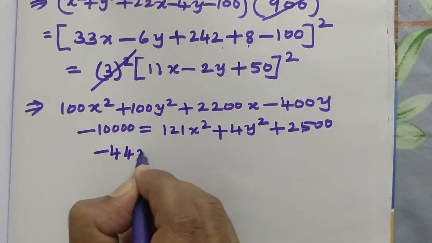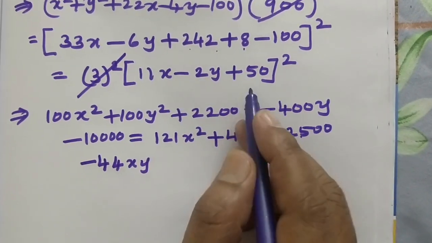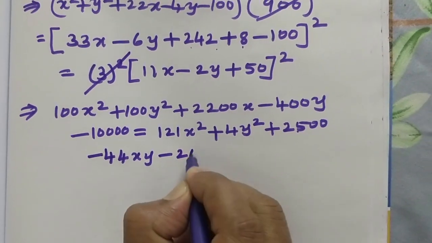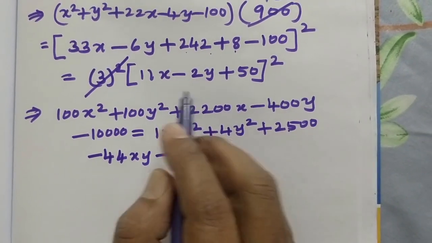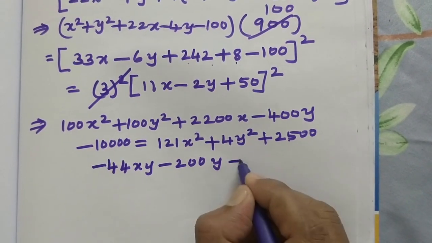After that you can do this. 250 into 100, 100 2s are 200y. Next these two, 11 5s are 55, 550 into 2, 1100x you get.